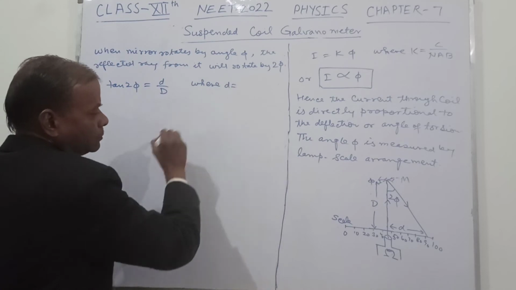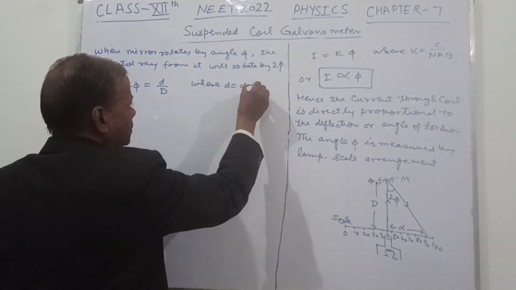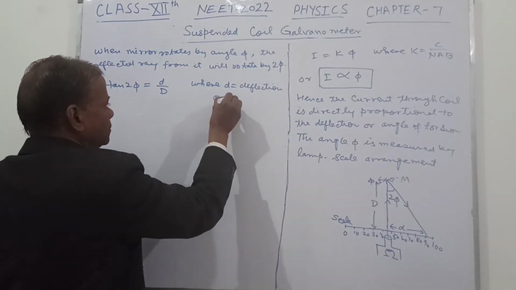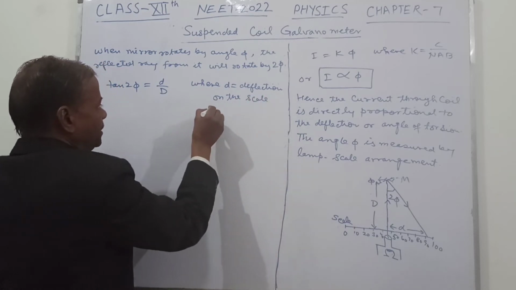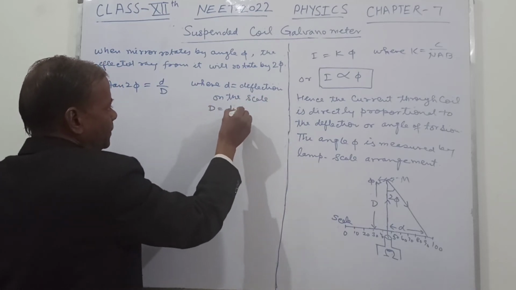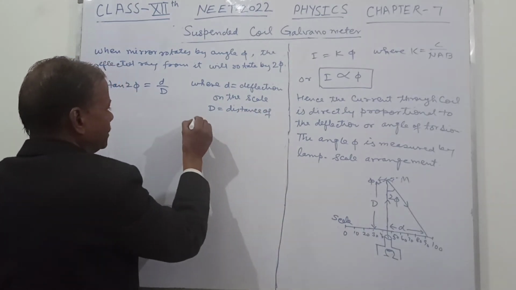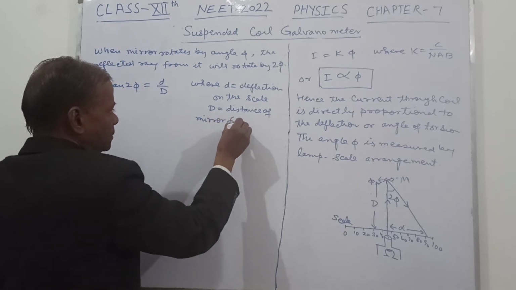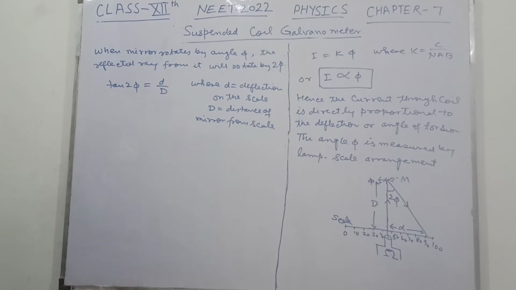d is equal to the deflection on the scale, and D is equal to the distance of the mirror from the scale.